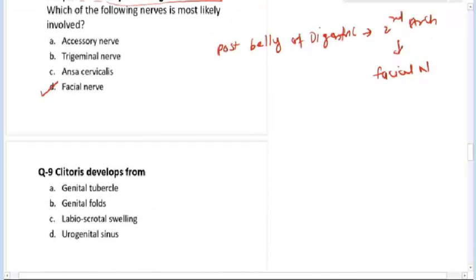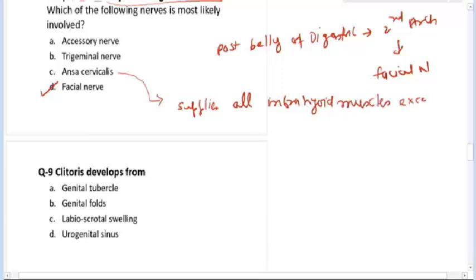Now ansa is quite interesting. The choice was given here. Ansa supplies all infrahyoid muscles except thyrohyoid.